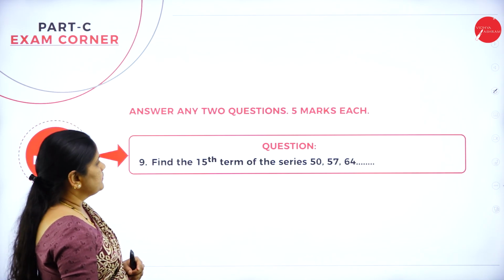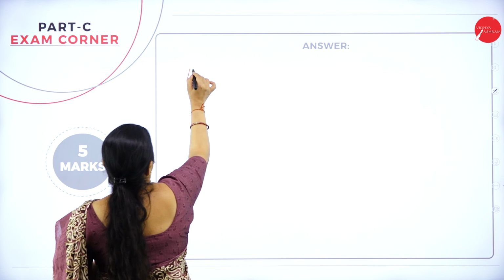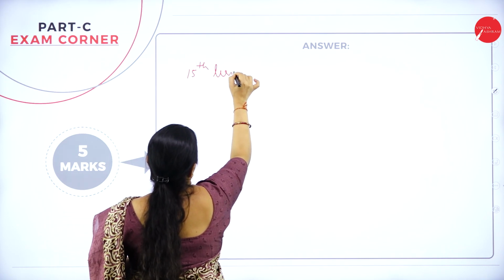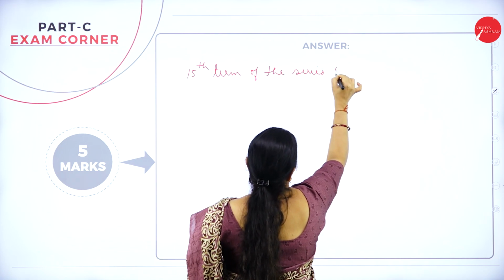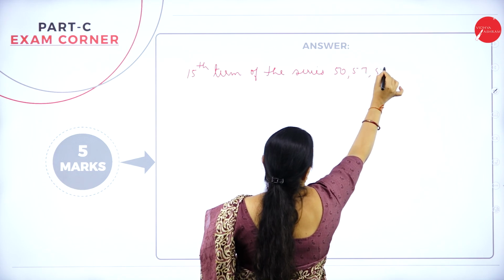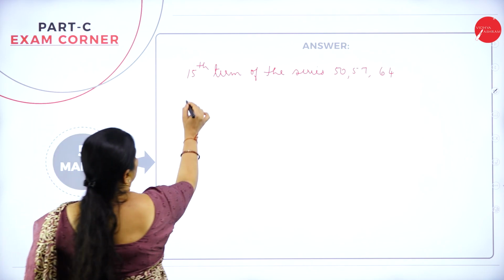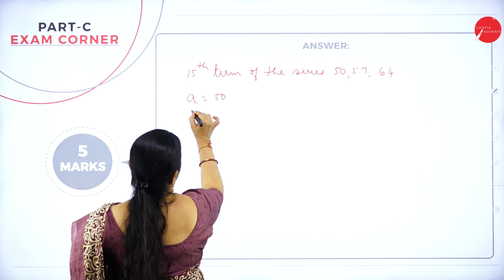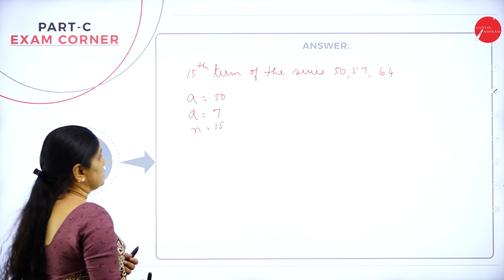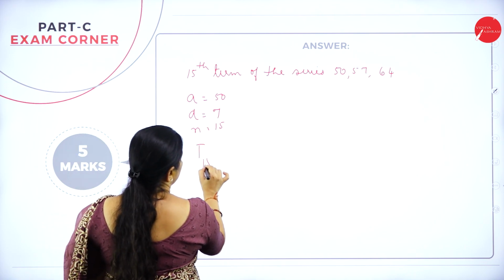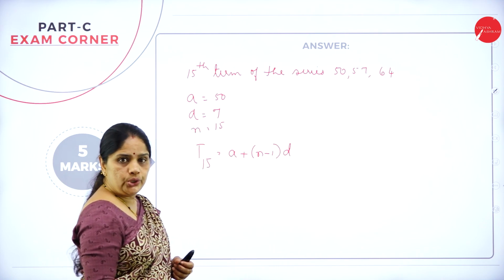Now the next problem. Find the 15th term of the series 50, 57, 64. So they have asked us for the 15th term of the series. Now we'll write a equals 50, d equals 7, n equals 15. T15 equals a plus (n minus 1) into d.